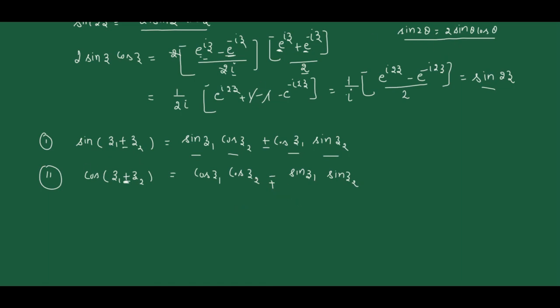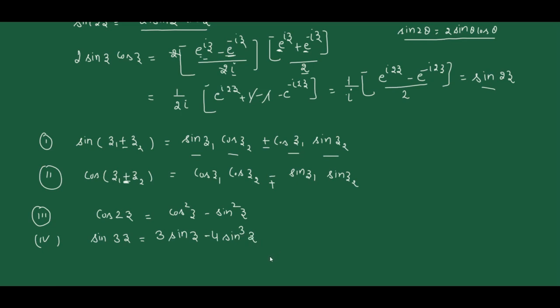There are some more identities you can prove, that cos of 2z is equal to cos square z minus sin square z. Similarly, you can prove that sine of 3z is equal to 3 sine z minus 4 sine cube z.